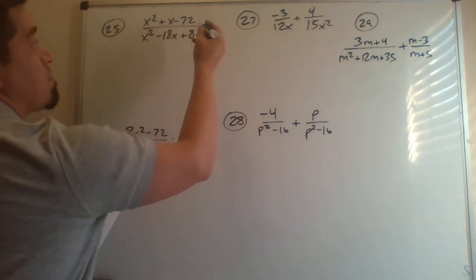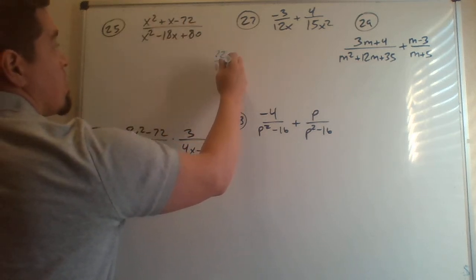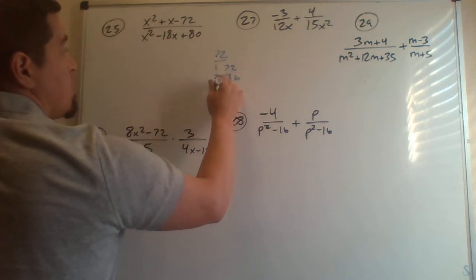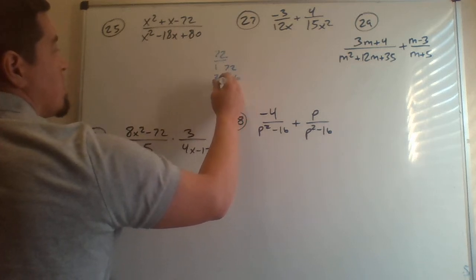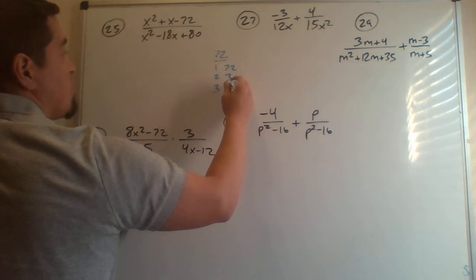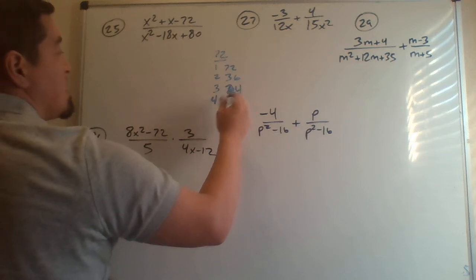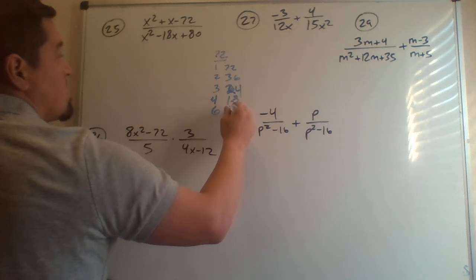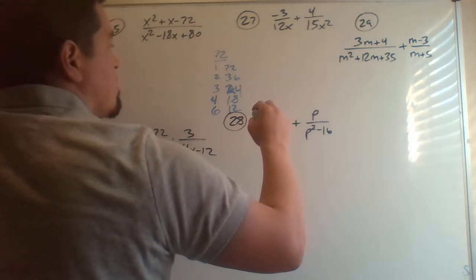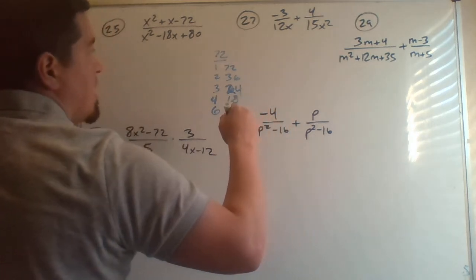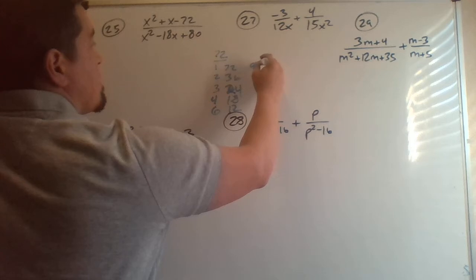Now on 25, you want to start with factoring. A is 1, so you want to get factors of 72. 72 is 1 and 72, 2 and 36, 3 and 24, 4 and 18, 6 and 12, and 8 and 9.